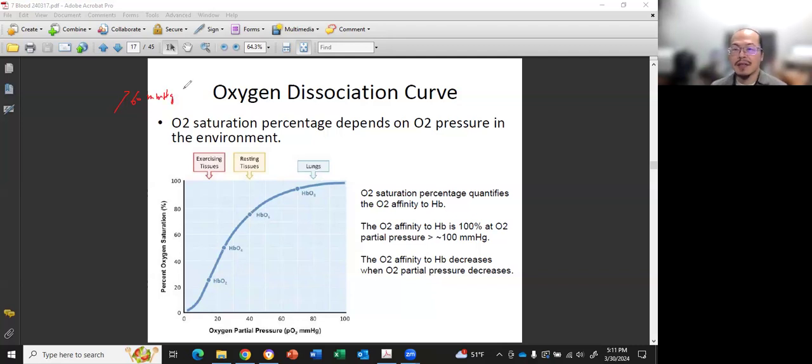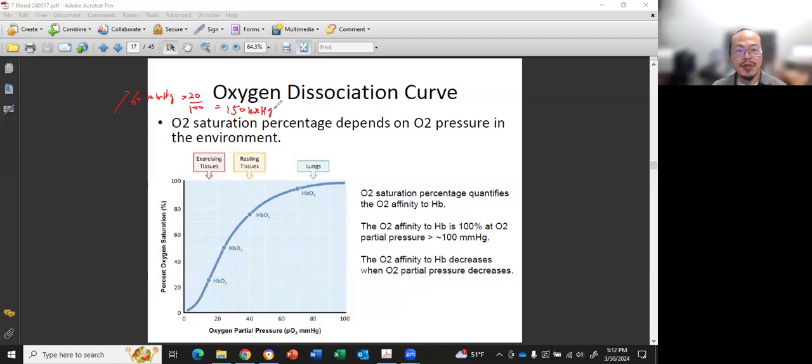Now, we know this air is not all oxygen. Oxygen is just a part of that air, about 20% of all the air. So we multiply by 20% divided by 100, and this gives you a number of about 150 mmHg.